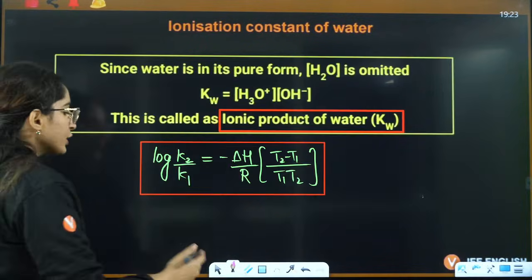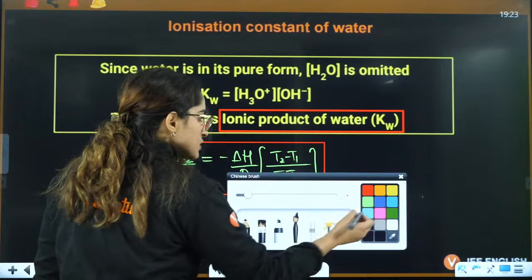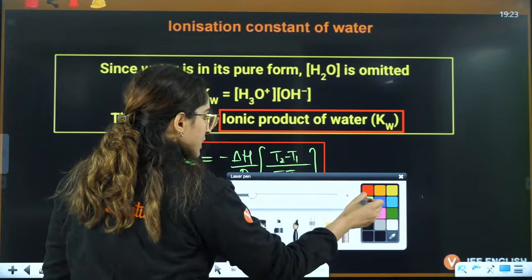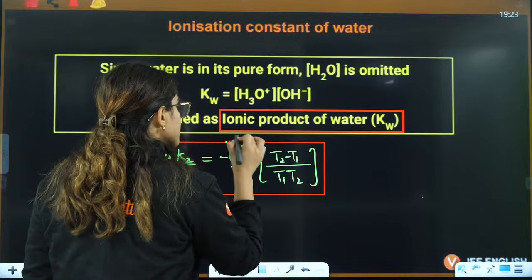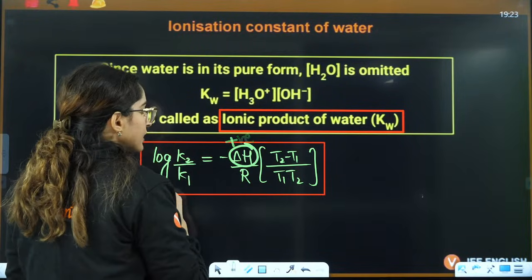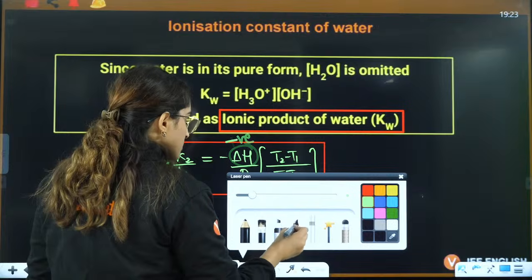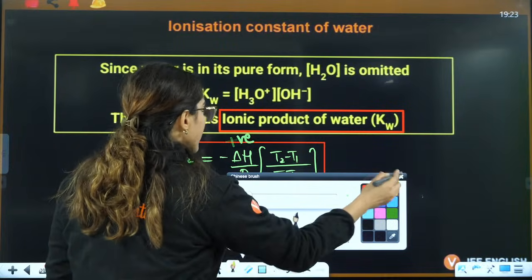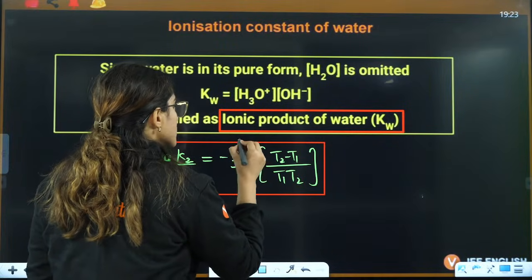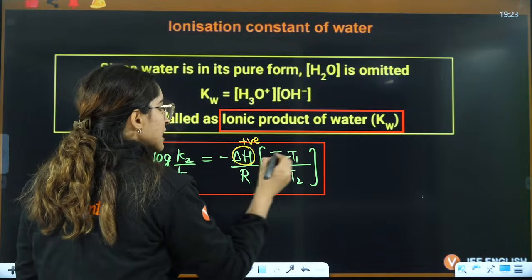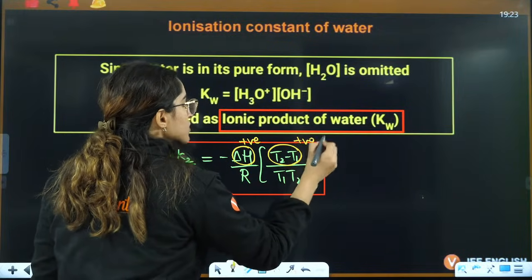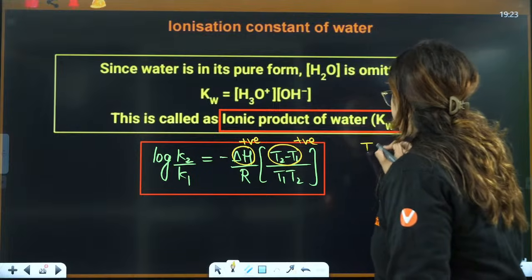You put the value here. If I say this is positive, this is already positive because temperature is increasing.